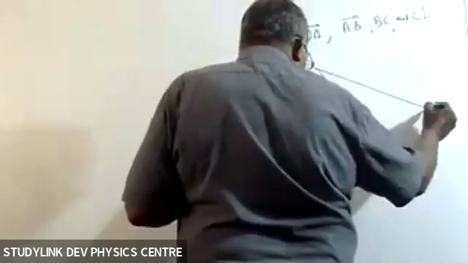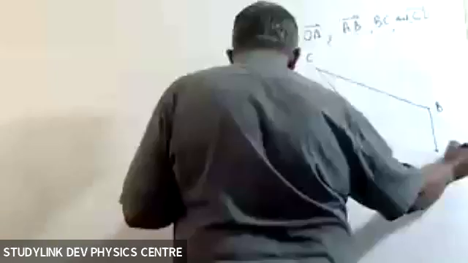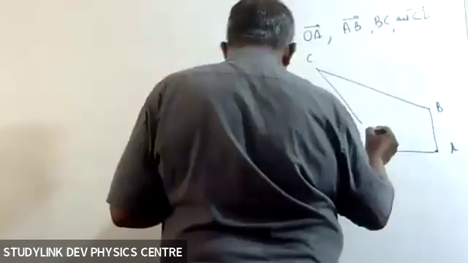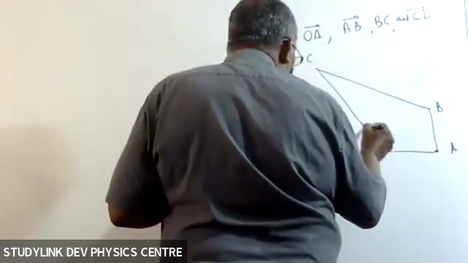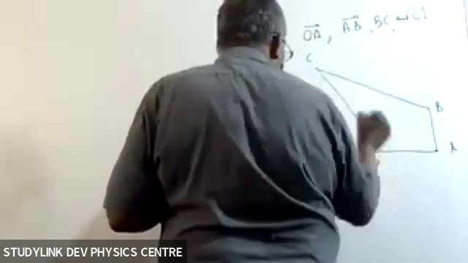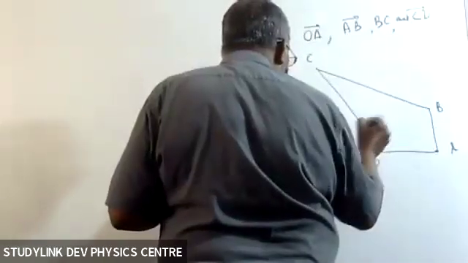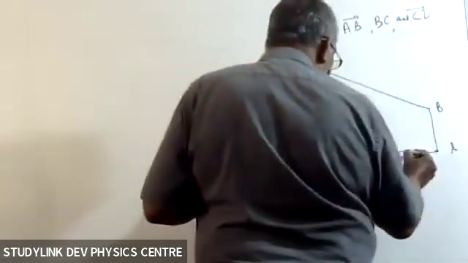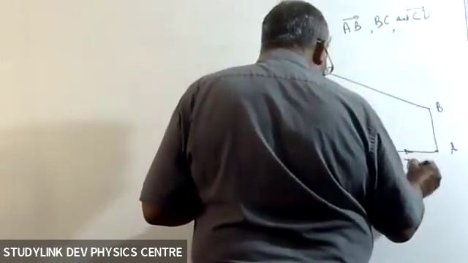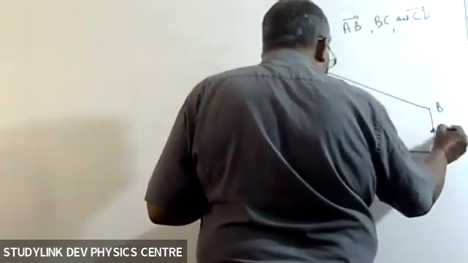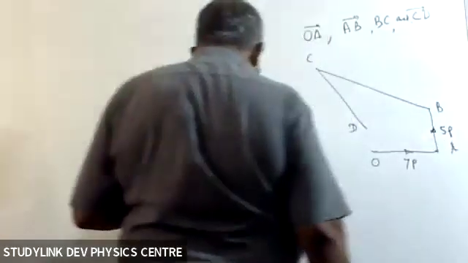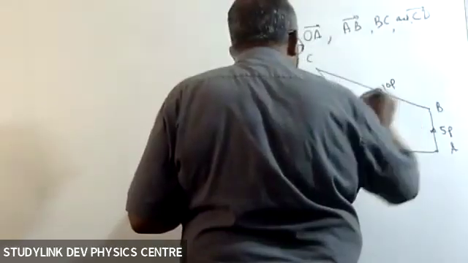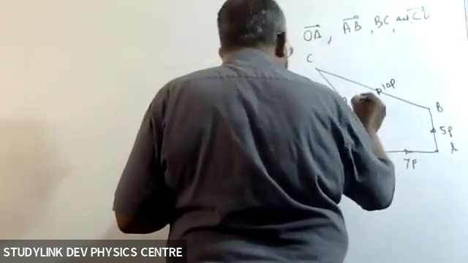Here it is B, here it is A, here it is O, then here you get D. O, A, B, C, D. And the values given as the vector values of forces: 7P, 5P, with direction drawn with the arrowhead, 10P, and 6P.